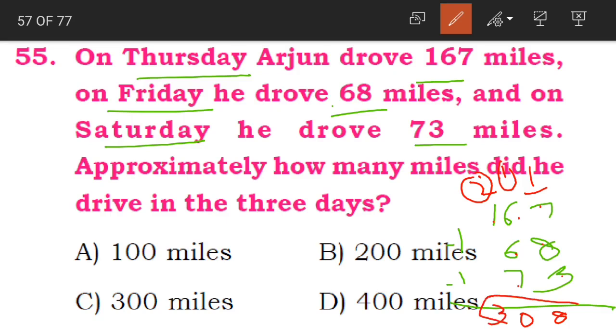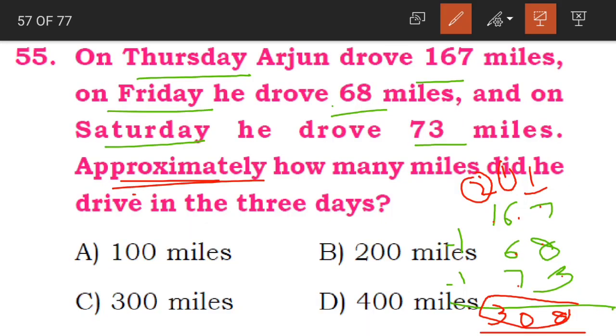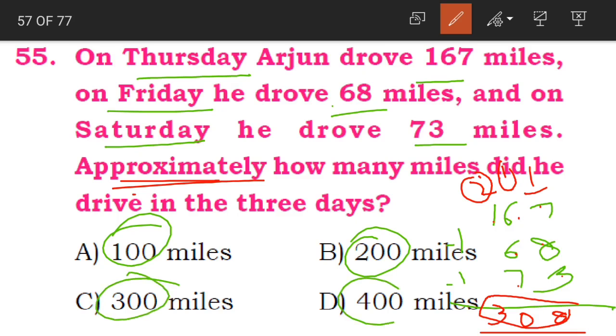Now this is 308. Now what should we do? What are they asking? Approximate. Approximate here means estimate. Whenever in the question they ask you to give the answer approximately, you need to find the estimate. The answer we got is 308. If you look at the options given, all the options are in hundreds: 100, 200, 300, 400.